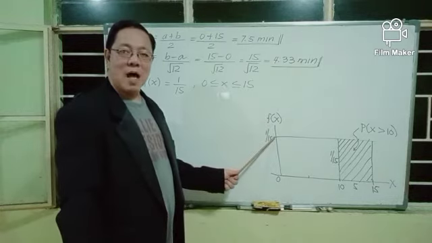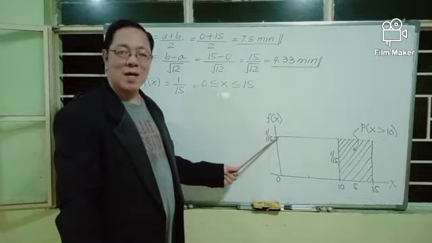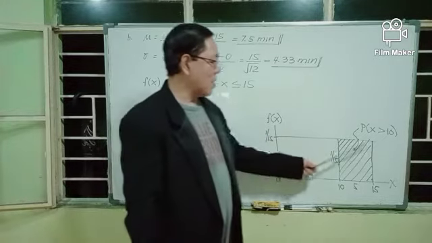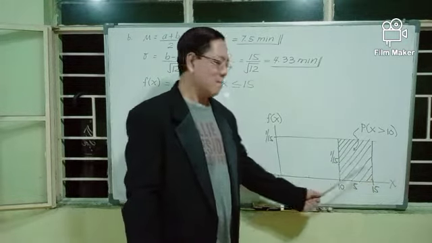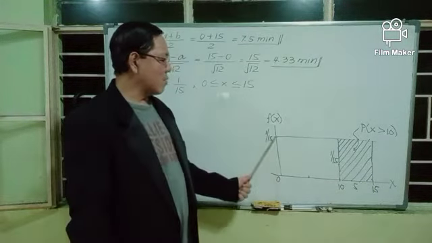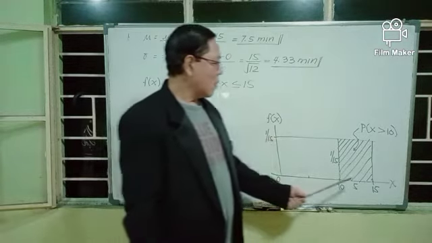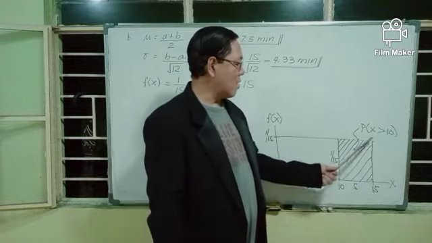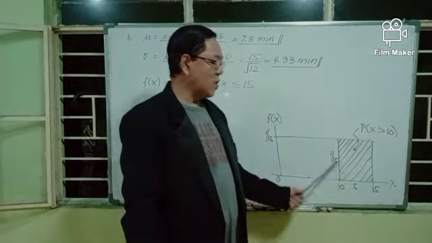On the vertical axis, you locate 1 over 15, and from that point, you draw a horizontal line parallel to the x-axis up to the point x equals 15. When x is 0, the value of the probability density function f of x is 1 over 15. When x is 15, the value of the probability density function, or this height, is 1 over 15.